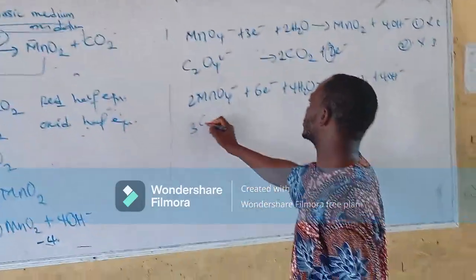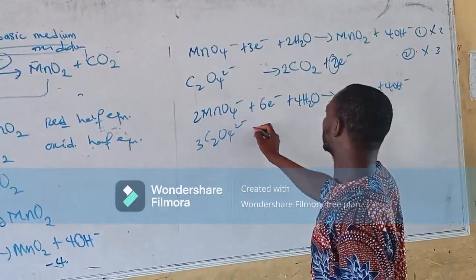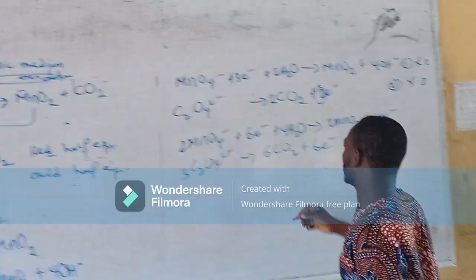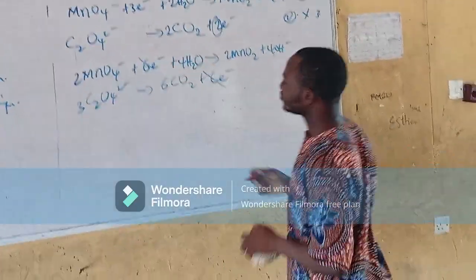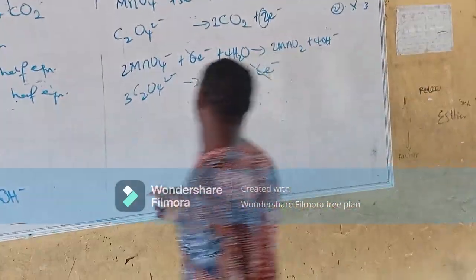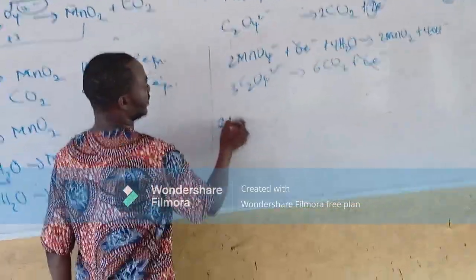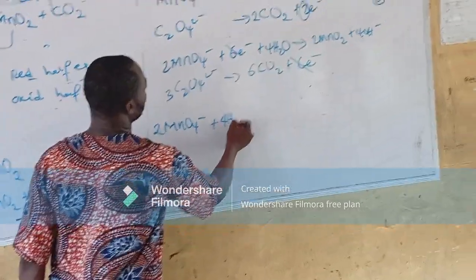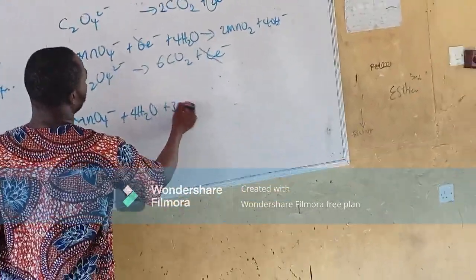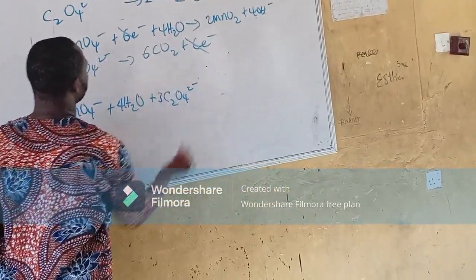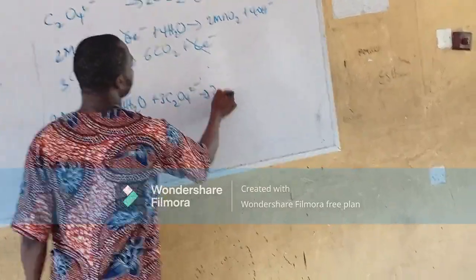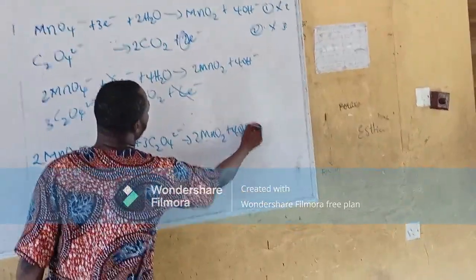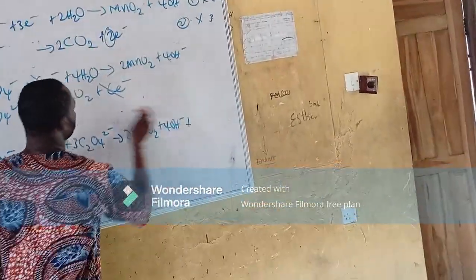Now here we have 3C2O4 2 minus to give us 6CO2 plus 6 electrons. The electrons will cancel each other. I'm going to write everything down now. We now have 2MnO4 minus plus 4H2O plus 3C2O4 2 minus to give us 2MnO2 plus 4OH minus plus 6CO2.